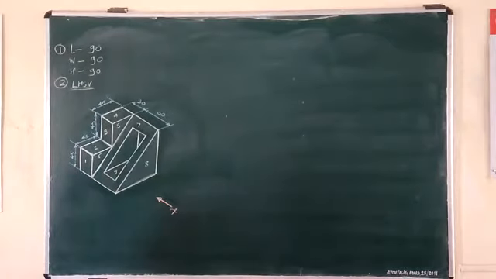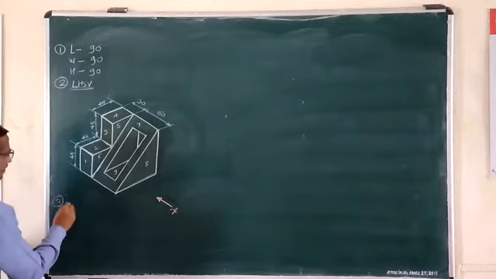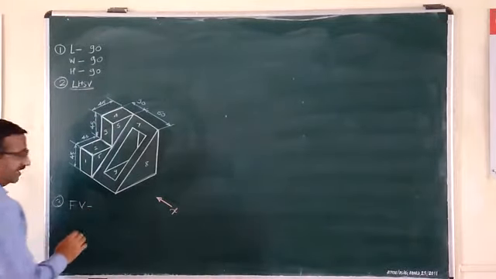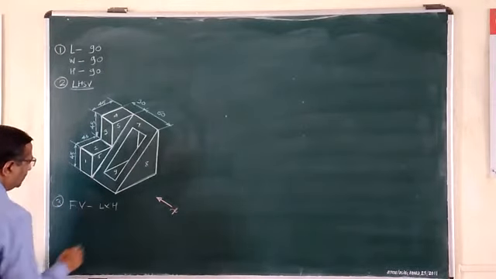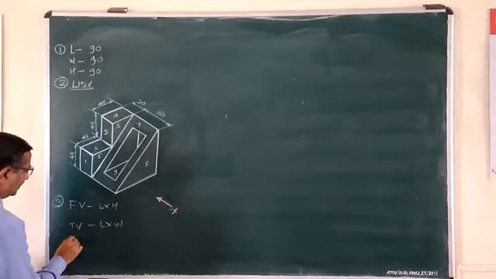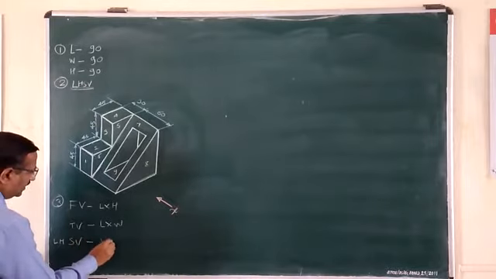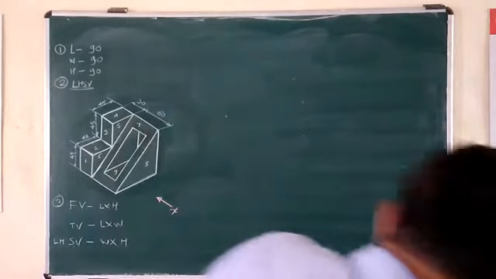The third point is to note down the overall areas: how much area is required for the front view. L by H for the front view, top view L by W, and as usual, this specific left hand side view, again W by H. So just put the figures there.